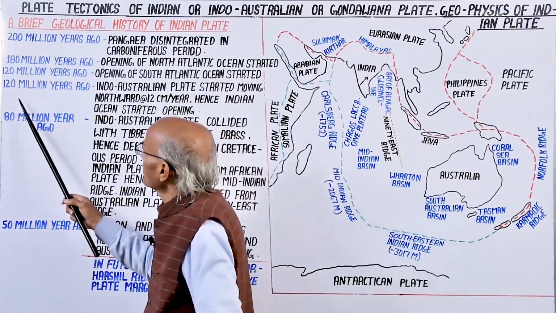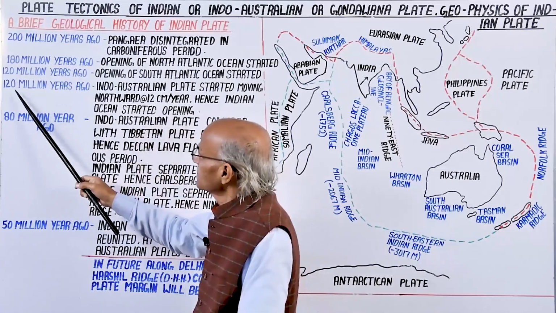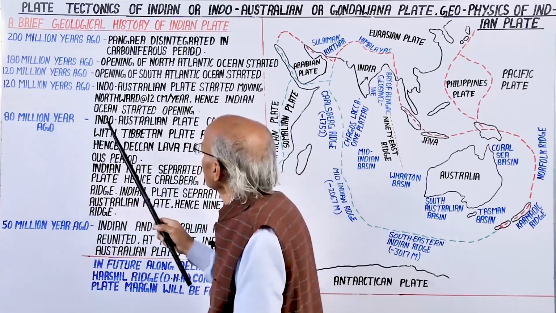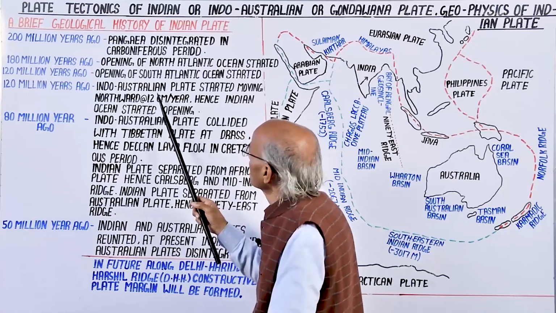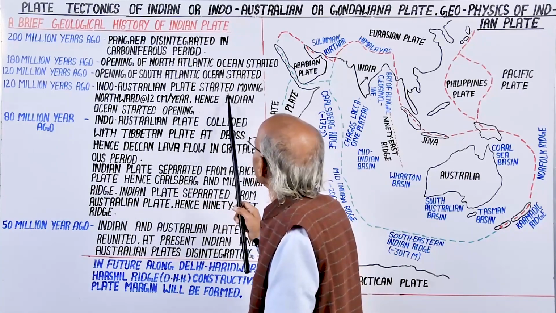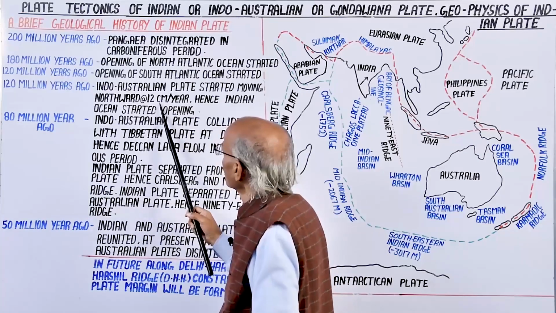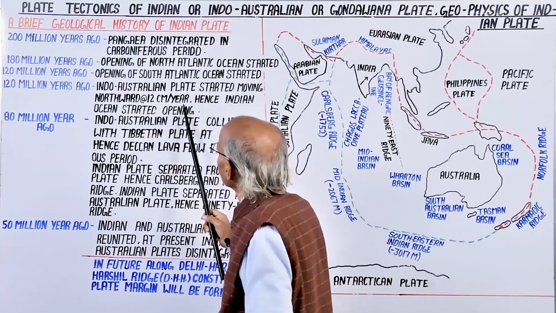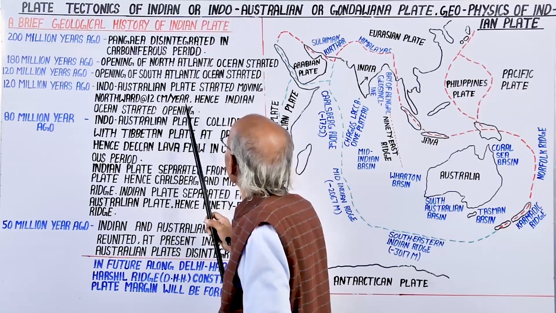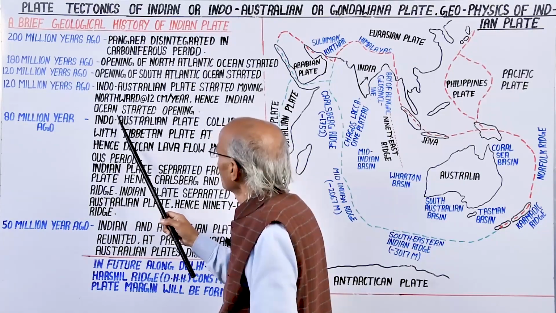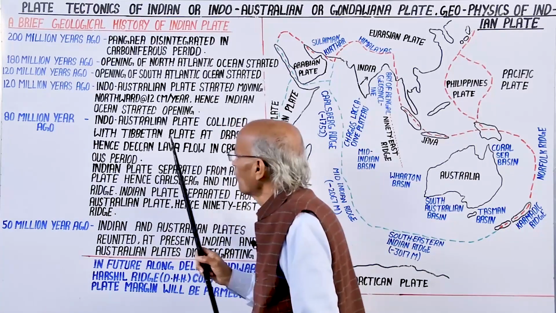Now the next stage is 120 million years ago. This Indo-Australian plate started moving northward at the rate of 12 cm per year. Hence, the Indian Ocean started opening.